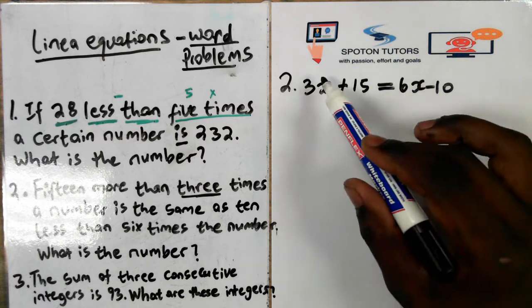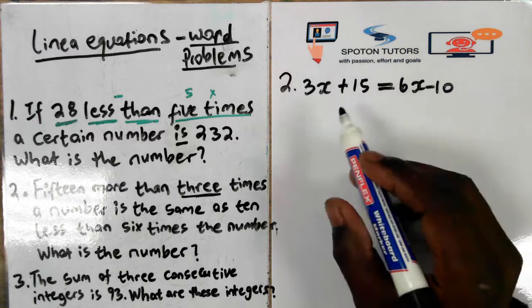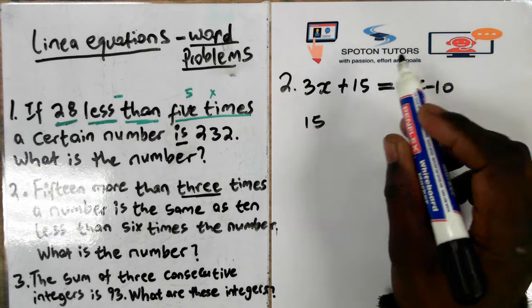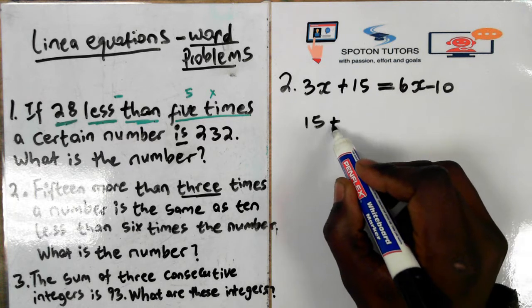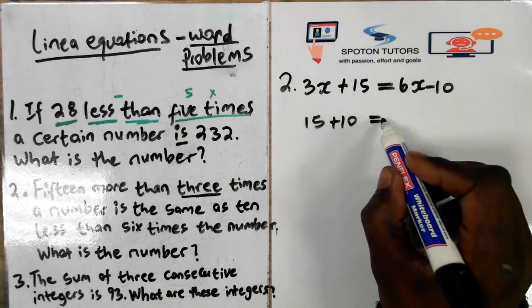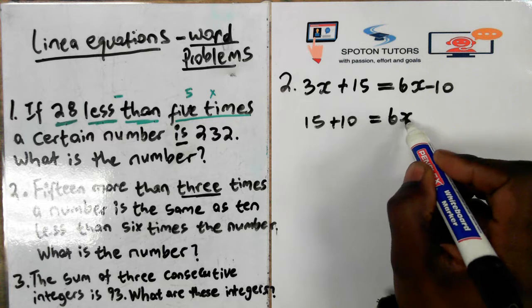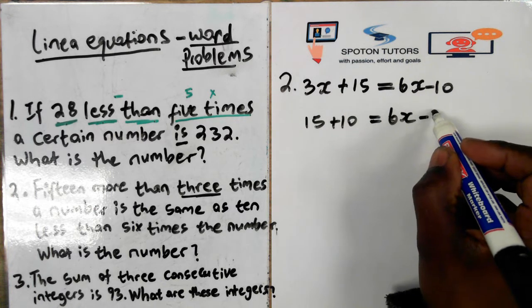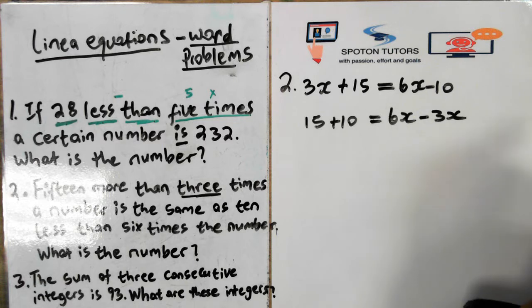So of course 6 is bigger than 3, so this must go that side. So we'll say 15 plus 10, this one comes to the other side, equals 6x, which stayed here on the right, this went over, minus 3x.